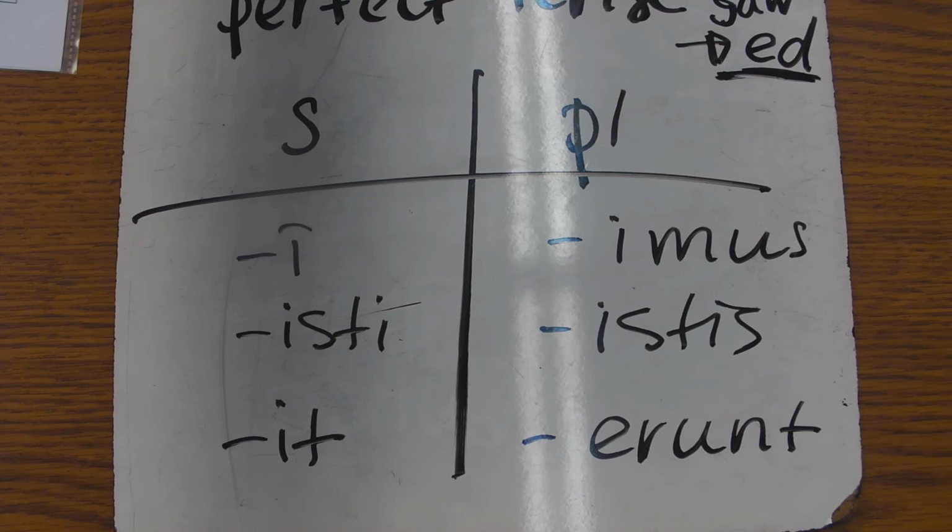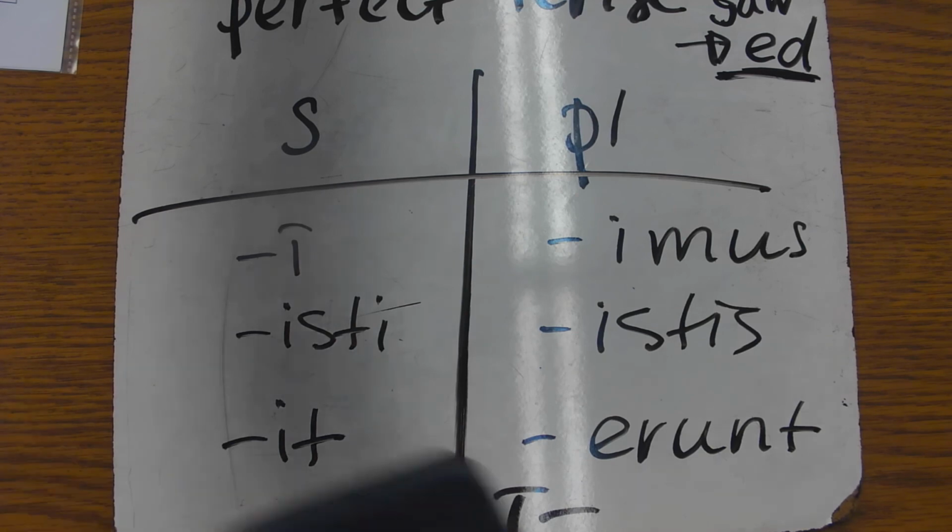All right, I'm gonna have a second video, or actually it's gonna be a third video of all examples where I pick apart the third principal part and then I add these endings to it, so stay tuned for that. I'm not gonna do any examples in this informative lecture. All right, so this is the perfect active, okay, just active. We're only gonna talk about active, all right?